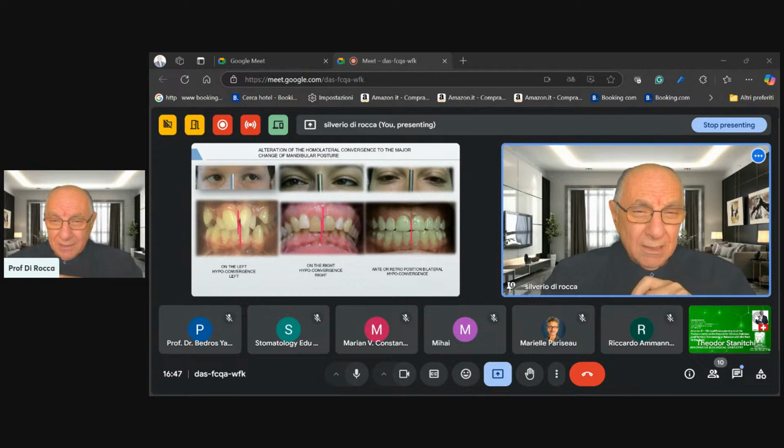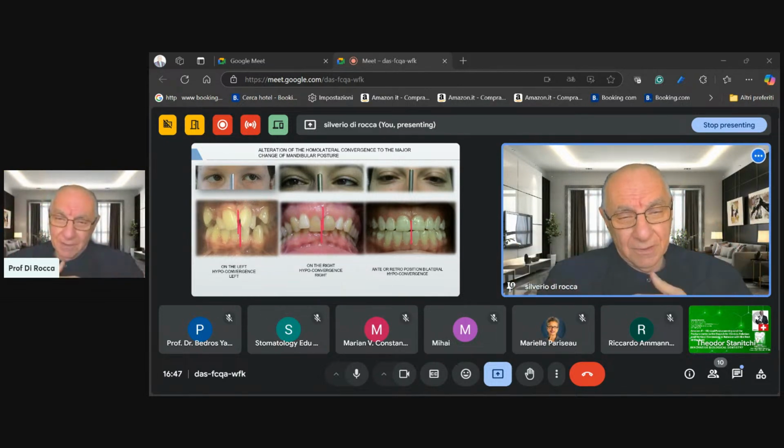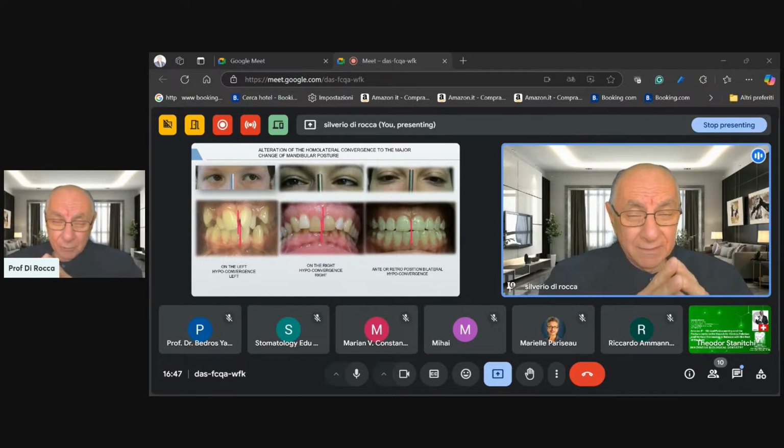Please focus on that. Jaw position, central relationship. When it's not good, it is creating alteration of one of the main receptors, which is the oculomotor system. Lateral deviation is creating what we call unilateral hypoconvergence.